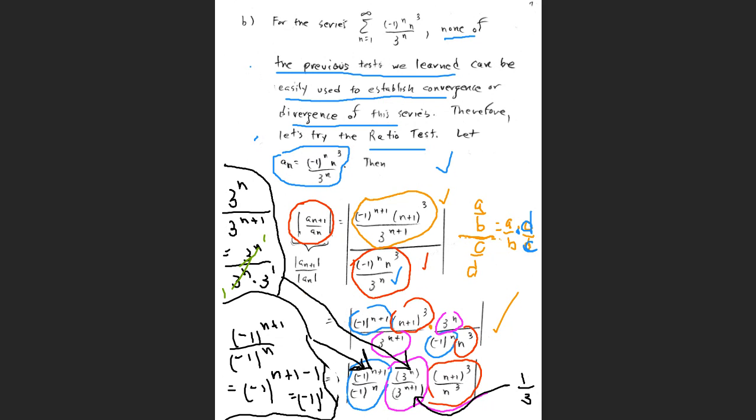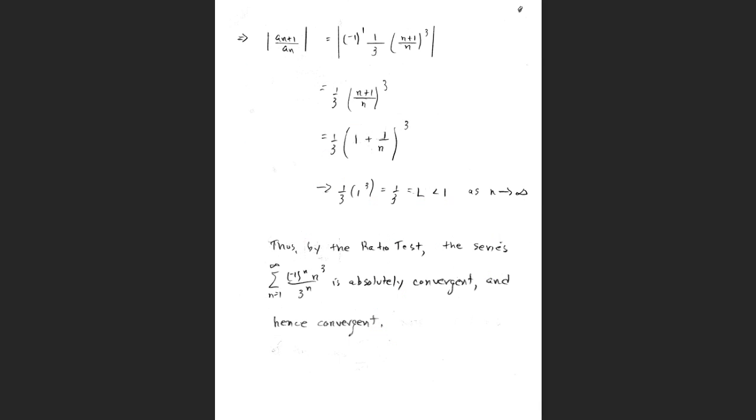All right. Well, let's keep going with the ratio test then on the next page. So the ratio simplifies to this, and this is just simple math, really, that I'm doing here.